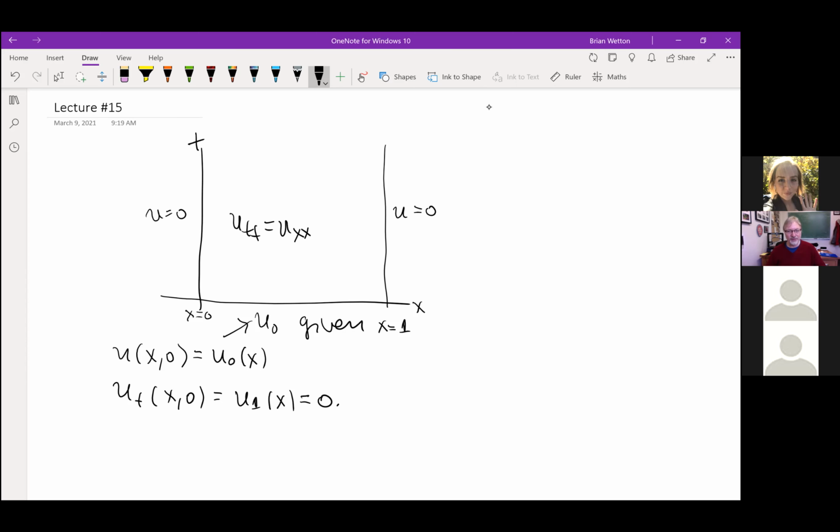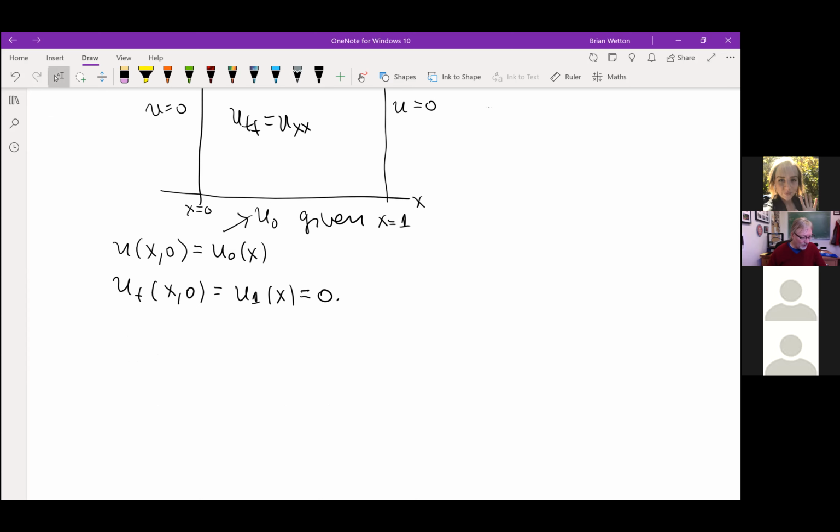That's a useful physical way to understand the phenomenon that's going on here. It's not a particularly useful way to describe the solution. And so what we're going to do is go back to series solutions.